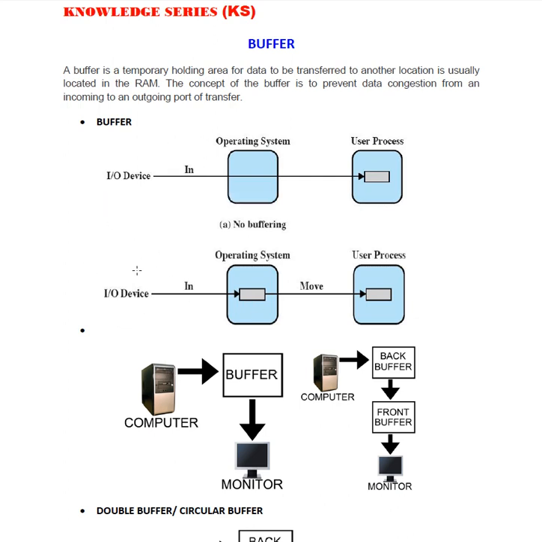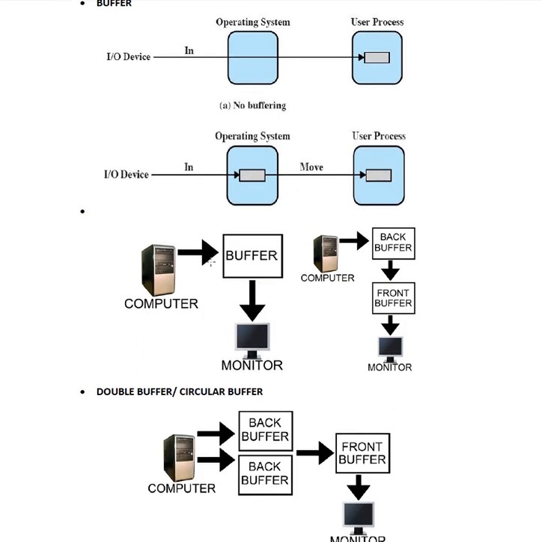So here is the input device. You can see that without buffering, the input device is directly interacting with the user process. Now there is the input device and the output device. Input is coming into the operating system, and based on the buffer it is able to move, so the processor will not get congested with a bulk amount of data.